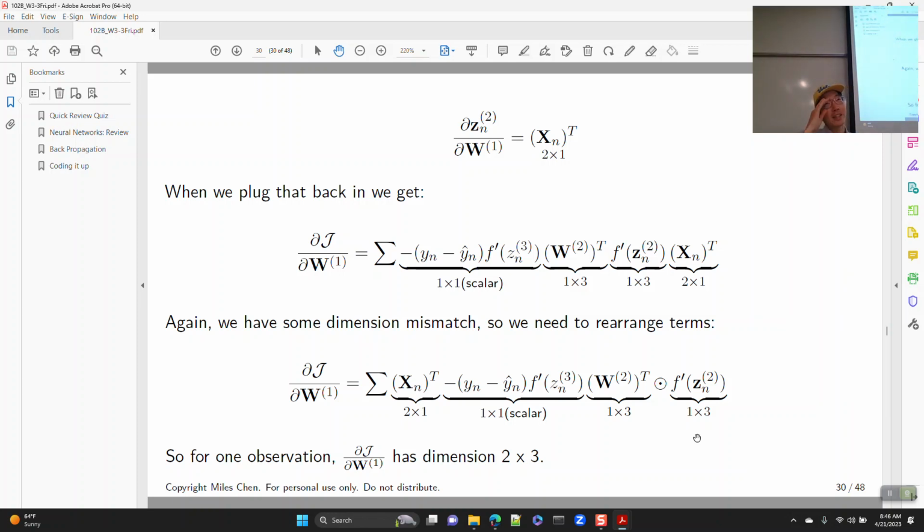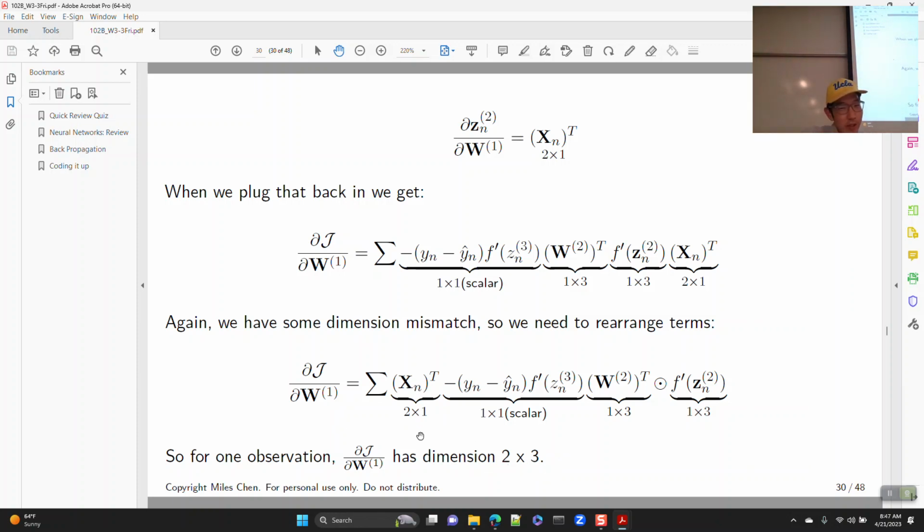So maybe we're taking advantage of linear algebra structures to speed up our computations, but internally we should treat these all as individual scalar values that get combined into these things here. But if we do this, we get this 2x3 structure, which is great.